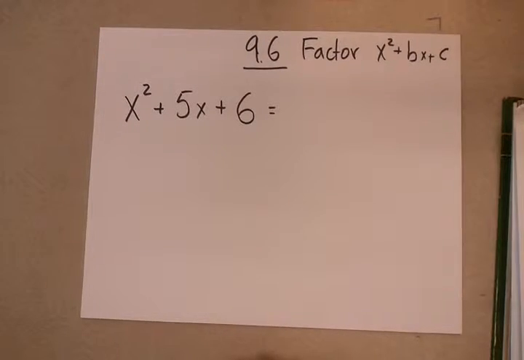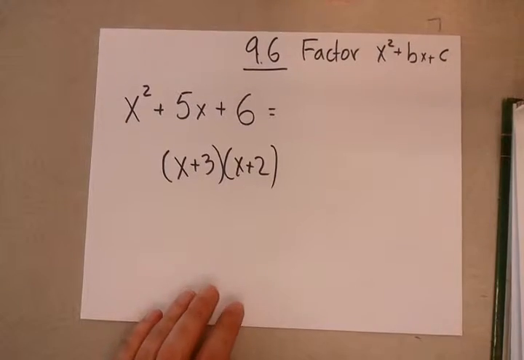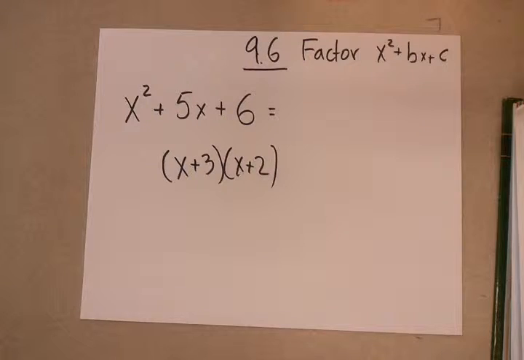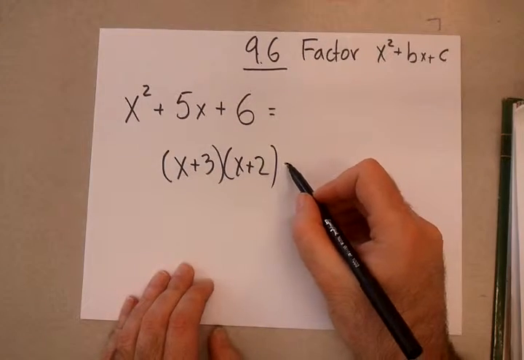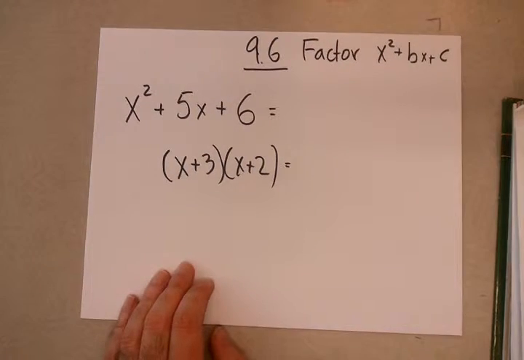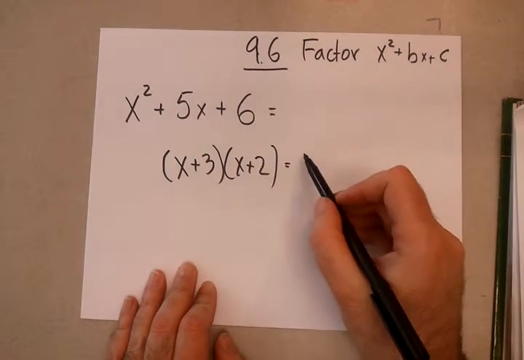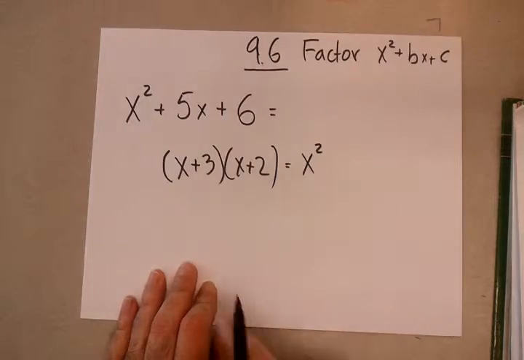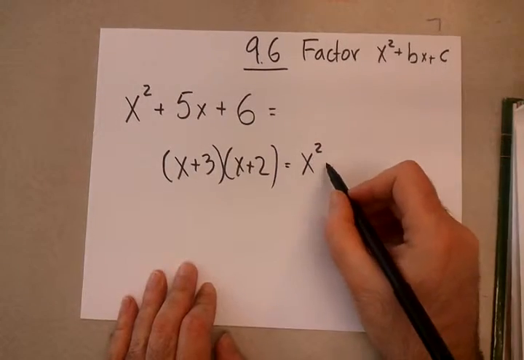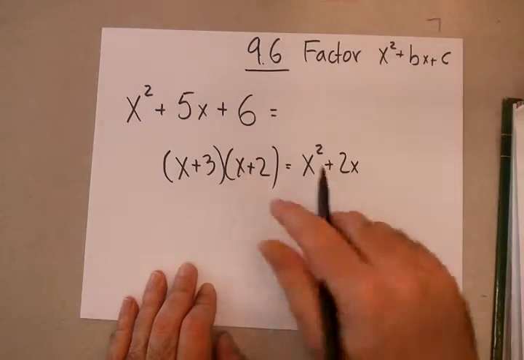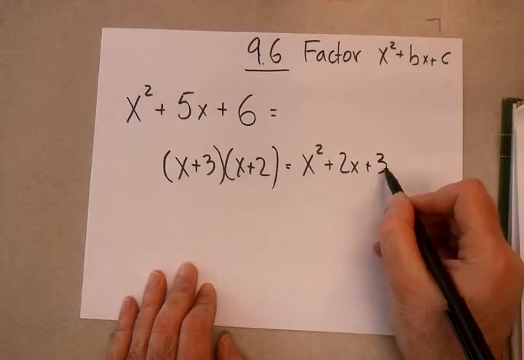So let me show you an example of that. Here I have a pair of binomials being multiplied against each other. I'm going to use the FOIL method to crunch my numbers. x times x is x squared. x times 2 is 2x. 3 times x is 3x.